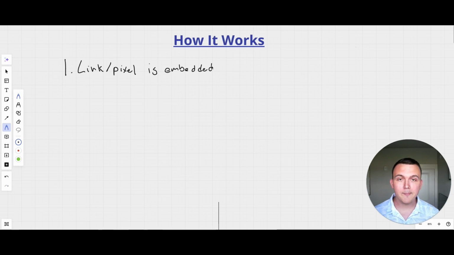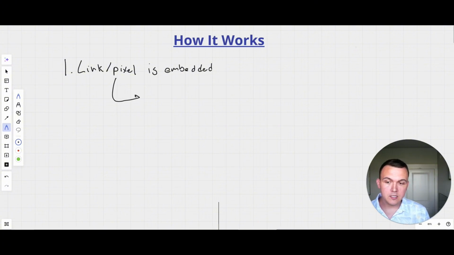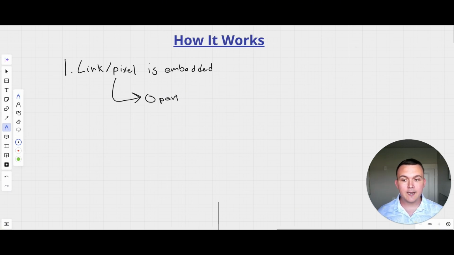Now, what happens is, hypothetically speaking, now this is if it works in a very perfect world, whenever someone actually opens that email, quote unquote, right? They hypothetically open it. If you've ever opened up an email and it says like the images can't be previewed, you have to download them, that's because it's sent from someone who's not trusted.